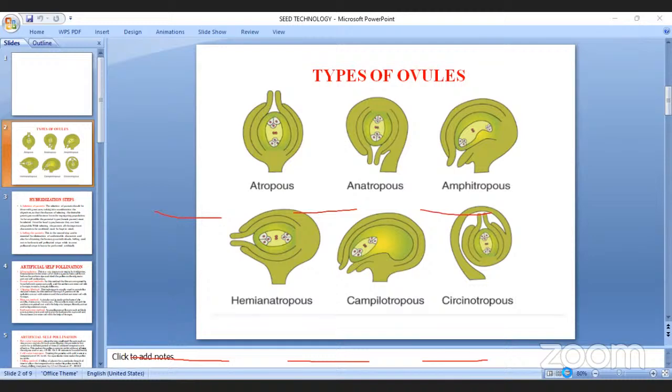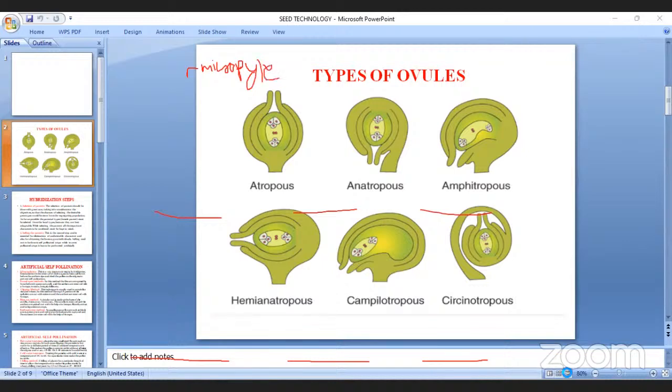Any type of ovule, these ovules are classified based on the structure of the ovule, especially based on the micropyle. This is the micropyle.